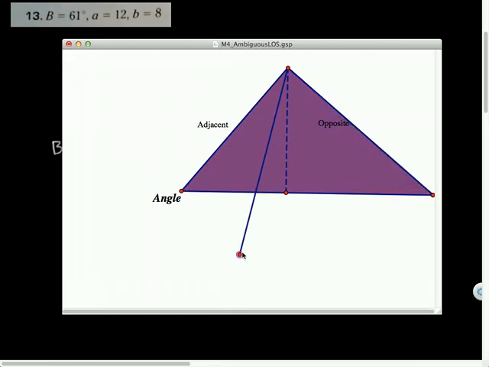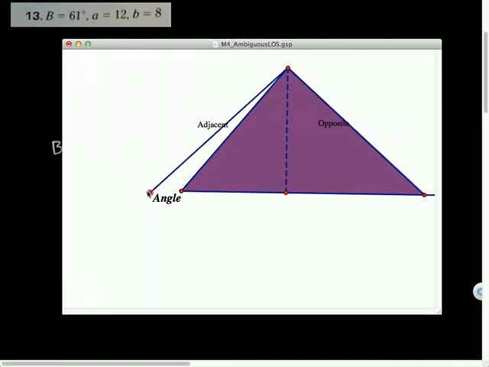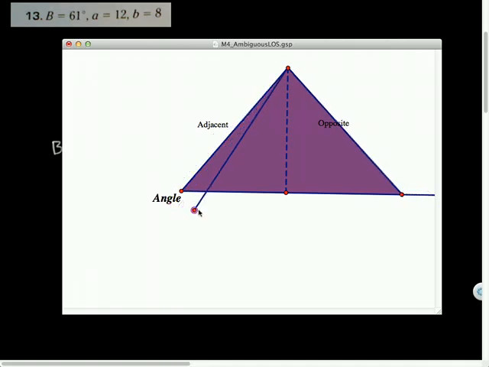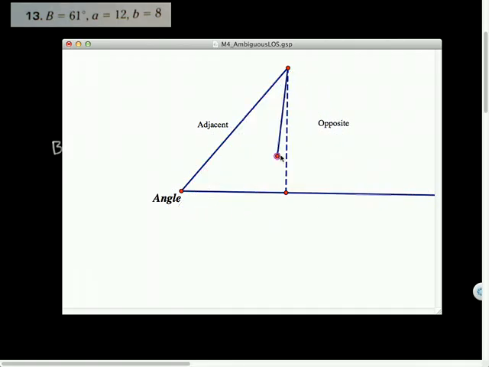This occurs when it's longer than the adjacent side. When it's longer than this, one triangle would occur, because if it swings over here, it's behind my angle. So a few different possibilities can occur.